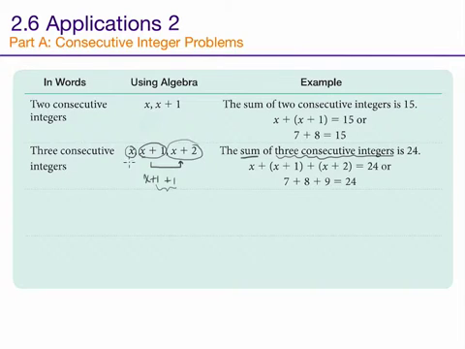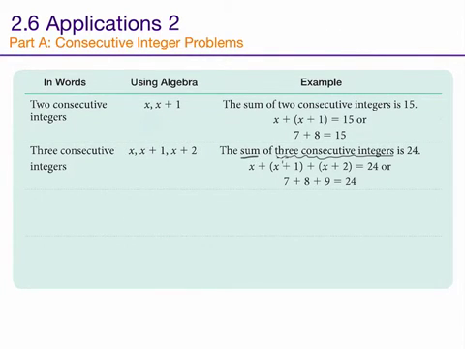So three consecutive integers are 3, 4, and 5. 3 plus 1 is 4, and x, 3, plus 2 more is 5. Four consecutive integers would be x, x plus 1, x plus 2, and x plus 3, adding 1 to each of the previous integers.